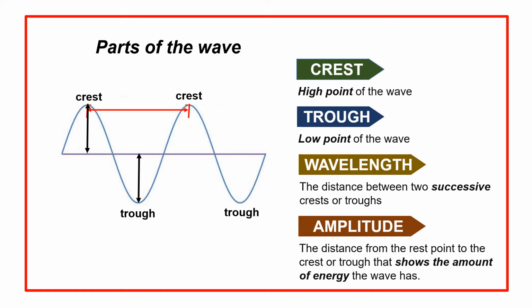So that means it is the height of the wave. The higher the height, the more energy the wave has. That means the louder the sound. And the shorter the height of the amplitude, that means the less energy the sound wave has, so it will be a softer or quiet sound.